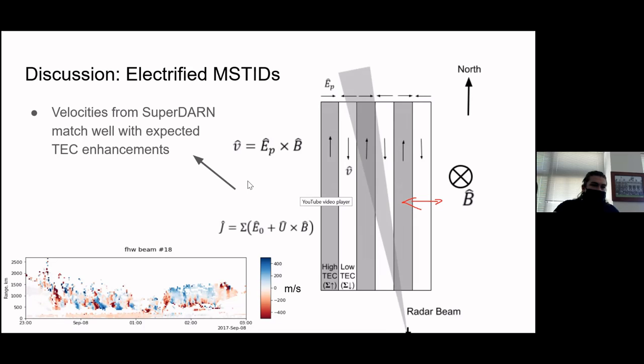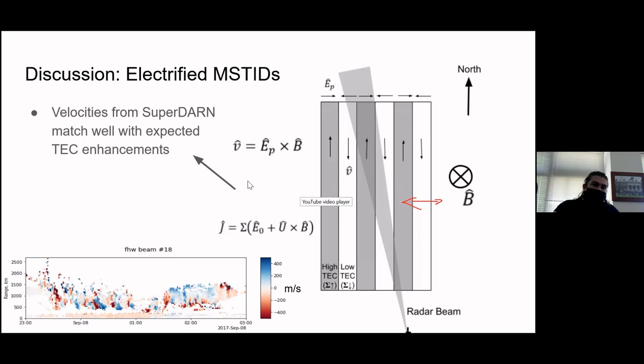One thing I can imagine is around the terminator: on one side you have a high TEC, on the other side a low TEC, which can probably cause a similar electric field and the Doppler shift. But I'm not sure if this is what they mean, or if you are talking about some other mechanism as well.